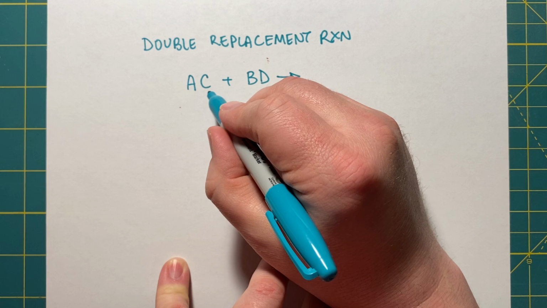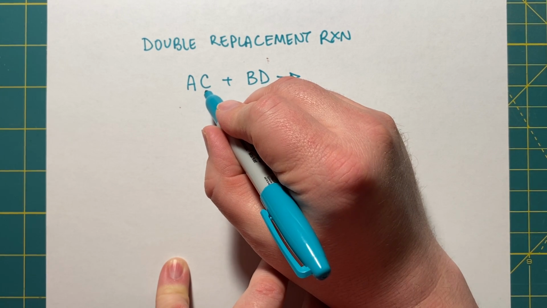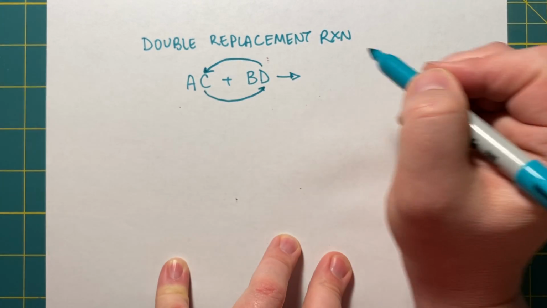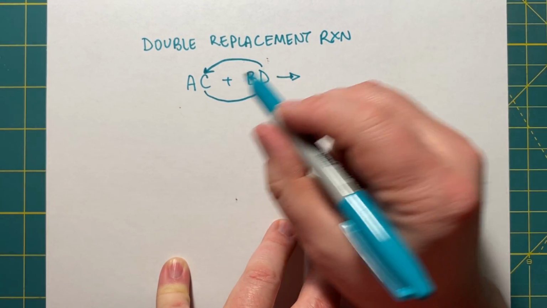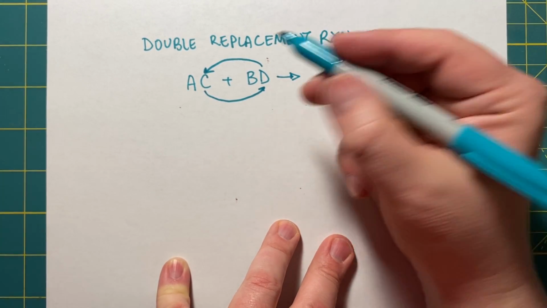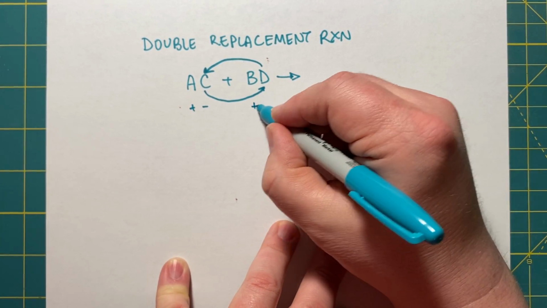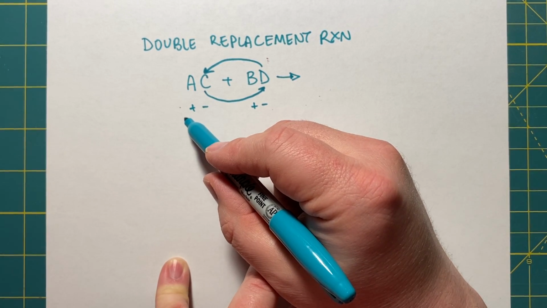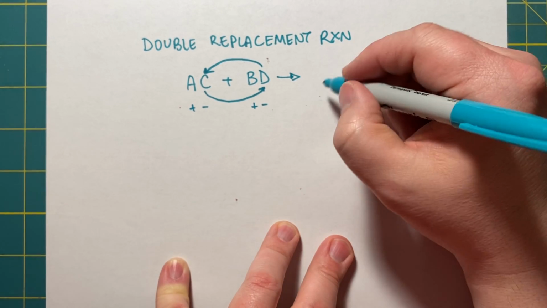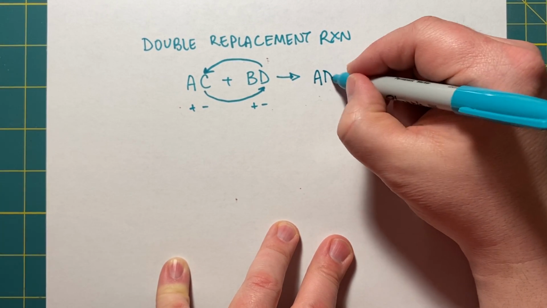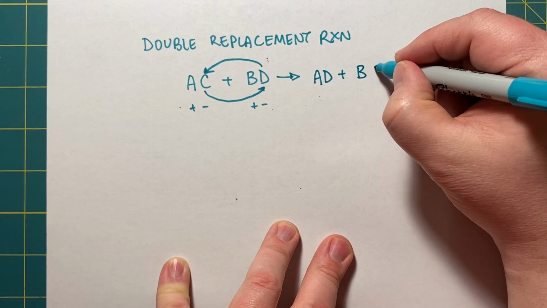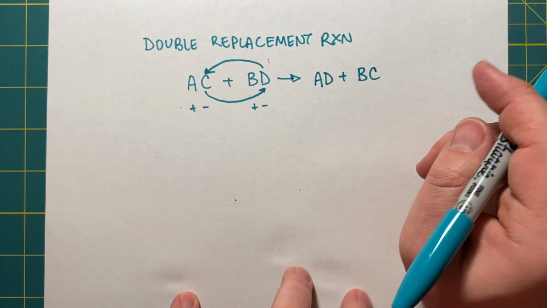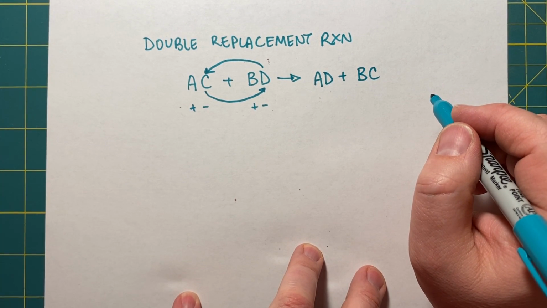So we're going to see C replacing the D and the D taking the place of the C. In ionic compounds, I have the positive first and the negative second, so the cations are swapping anion partners, and we end up with the A paired with the D and the B paired with the C. That's the basic form of a double replacement or displacement reaction, depending on what you like to call it.